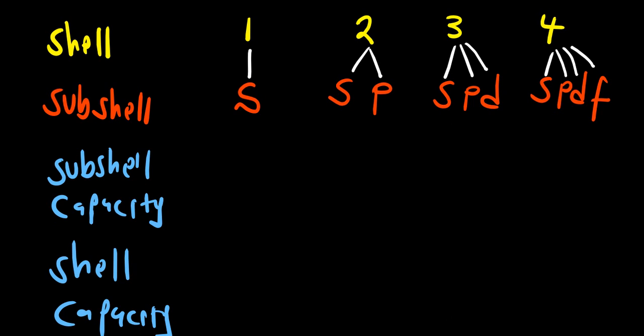Okay, now let's talk about the capacity of these subshells. So the maximum number of electrons the S subshell can have is 2. Let's indicate that.